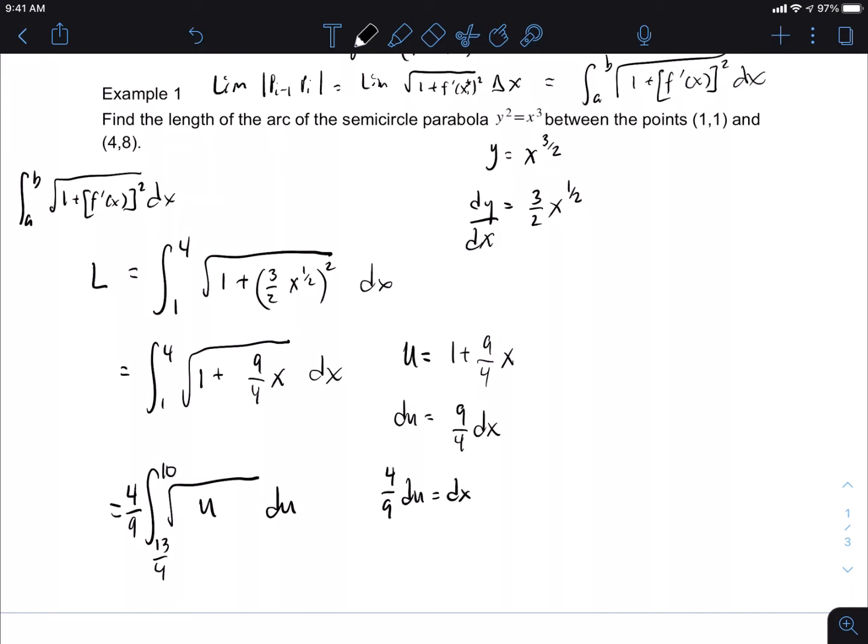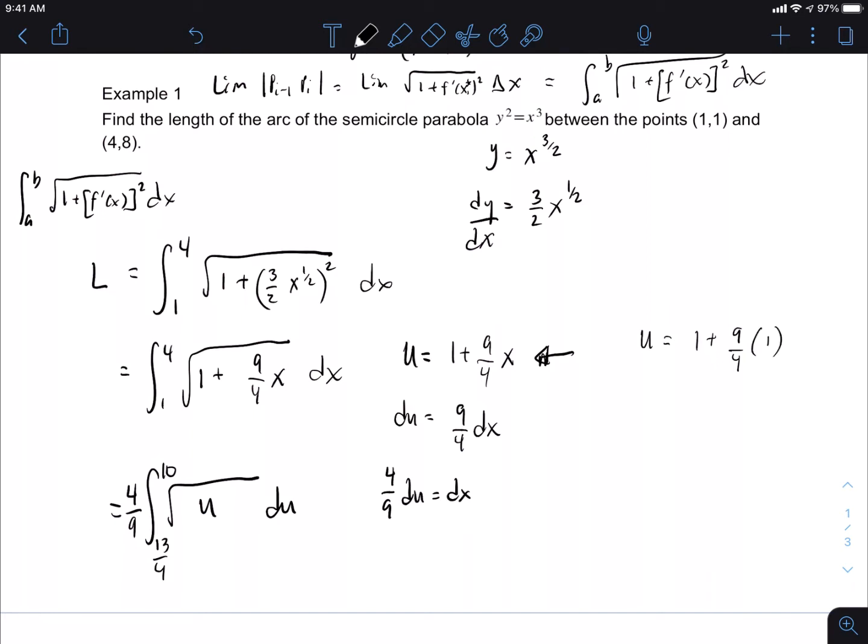Are there any questions on how I got that? Yeah, could you explain that, please? Sure. So plugging into this right here, I'm going to use my lower bound. u will be equal to 1 plus 9/4, and then I'm going to plug in 1.